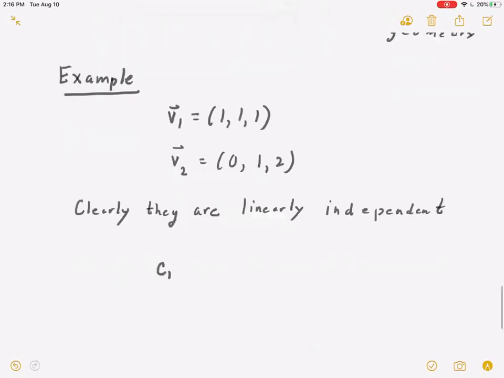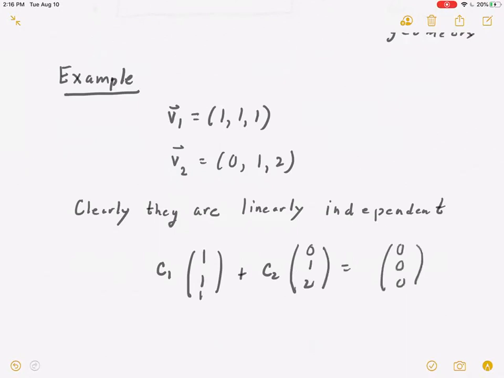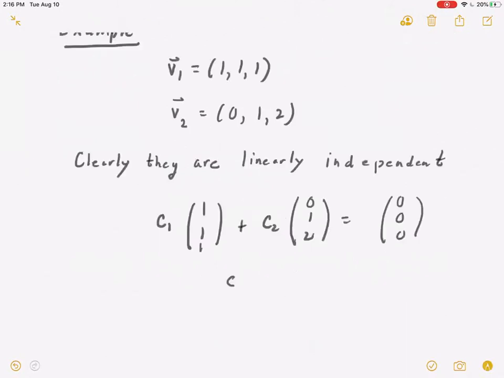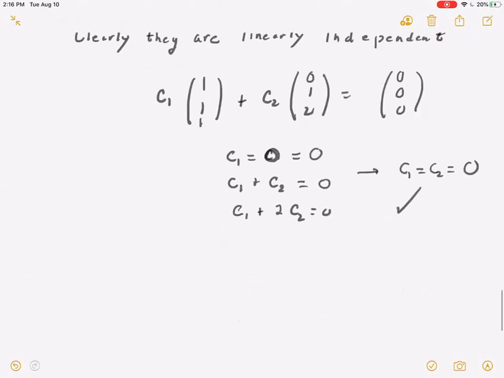That is to say, C sub 1 times the vector V sub 1 plus C sub 2 times the vector V sub 2 can equal the 0 vector. And the question is, under what circumstances is this true? We've seen this drill before. You get from solving this matrix equation, C sub 1 plus C sub 2 is 0, and C sub 1 plus 2 times C sub 2 is 0. So all of these tell you that C sub 1 and C sub 2 all vanish. So these vectors are linearly independent.